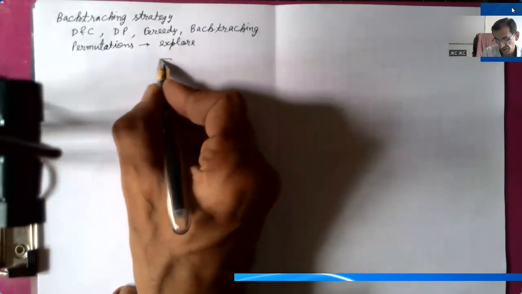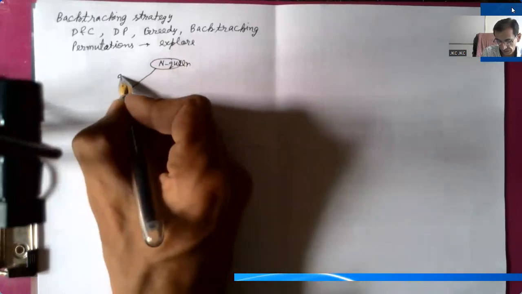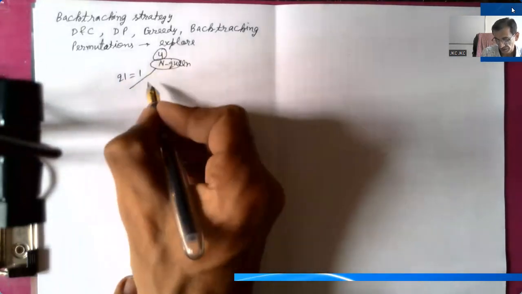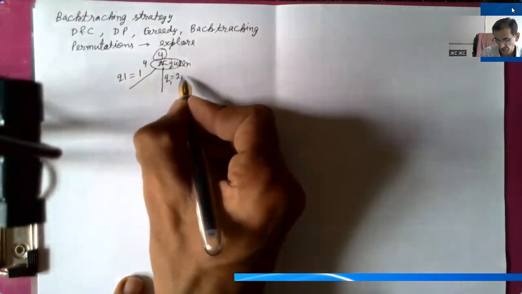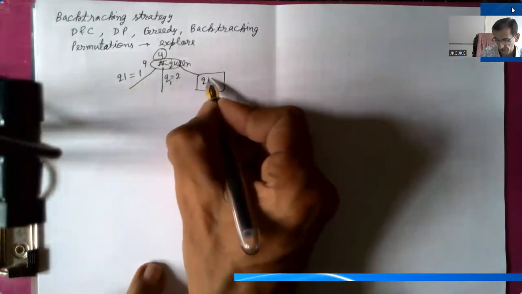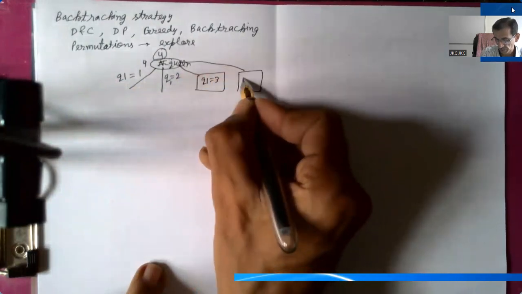Like in the N queen problem, I said for queen Q1, I have 4 choices. Say n was 4. So for the 4 queen problem, Q1 can be placed at position 1, position 2, position 3, and position 4.